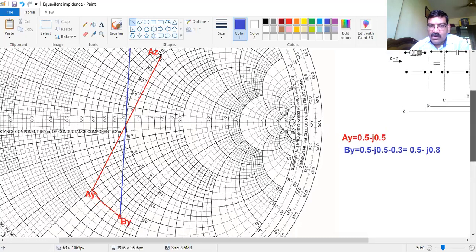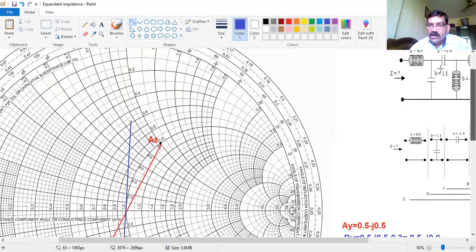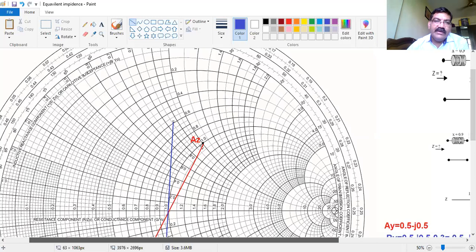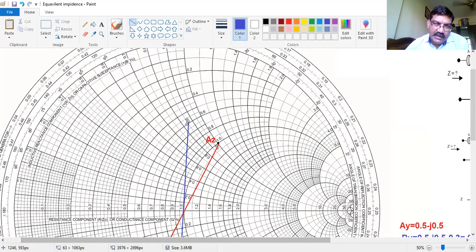I'll plot this. Anybody got the value? Yes, 0.55 plus j0.9. I got one of the answers; it is correct. So the answer I am getting is 0.55. The 0.55 circle is this and 0.9 is this.